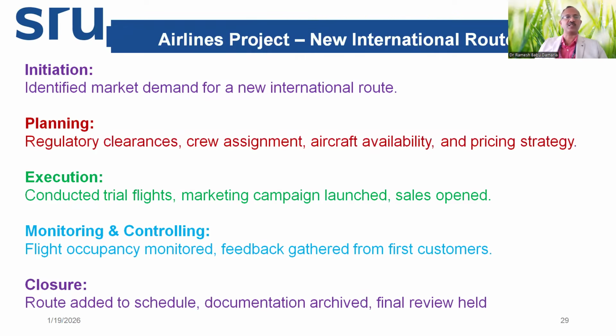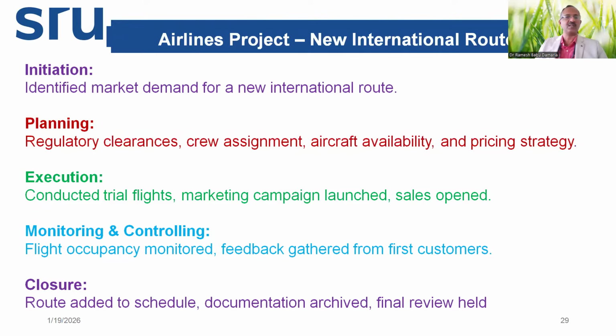If we take an airlines project, the terminology is almost similar. Say, for example, a new international route has to be planned and executed for an airline, which is the project. The phases are: initiation, identifying market demand for a new international route. In planning, regulatory clearances are taken, crew assignment is done, aircraft availability is checked, pricing strategy is done.